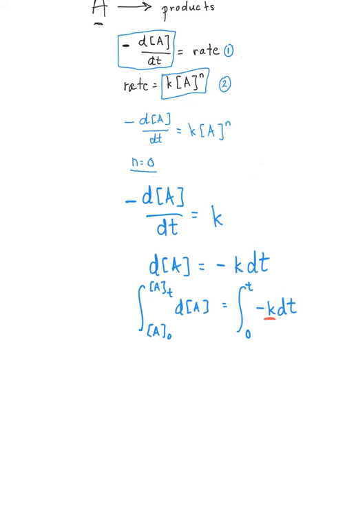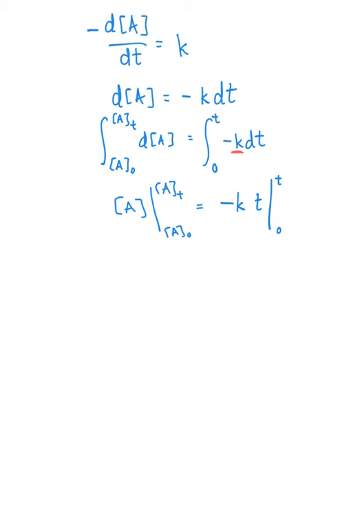What we end up with on the left-hand side is the concentration of A integrated from A0, initial concentration, to A sub t, concentration at time t. On the right-hand side, we have a constant negative K out in front, multiplied by t, integrated from 0 to time t.